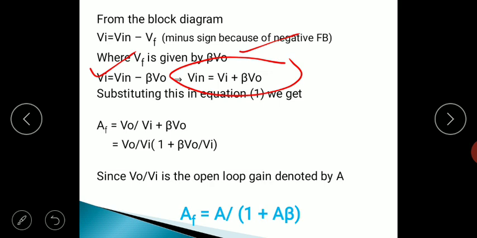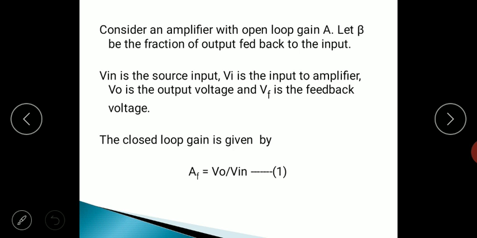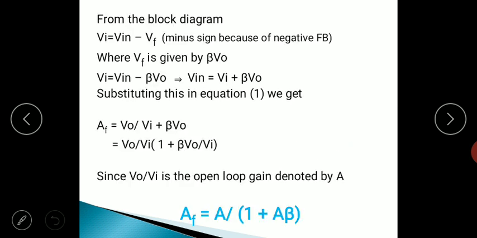Now if I substitute Vin equal to Vi plus beta times V0 in equation 1, we get AF equal to V0 divided by Vi plus beta times V0. Now from the denominator, we take Vi common. It becomes V0 by Vi into bracket 1 plus beta times V0 by Vi.